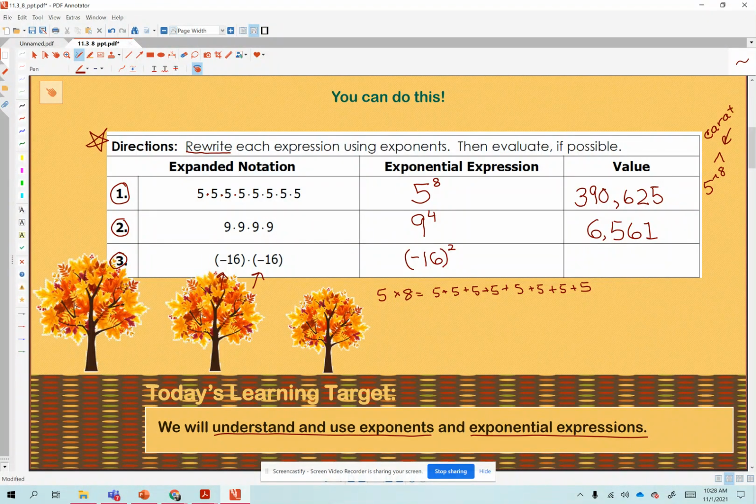So whenever the number of negative terms is even, like 2, 4, 6, or 8, etc., then when we evaluate, the answer is positive.